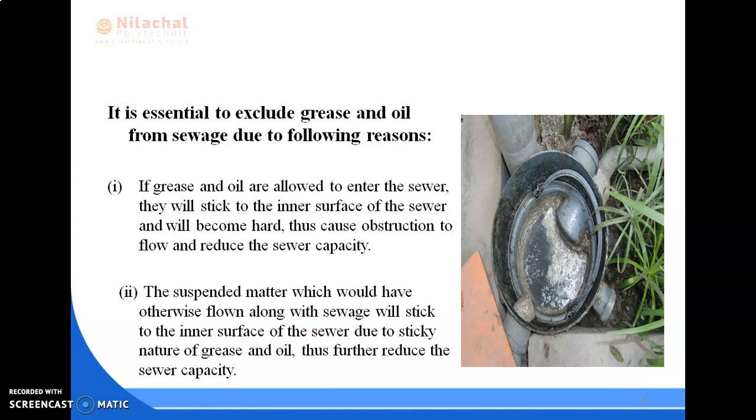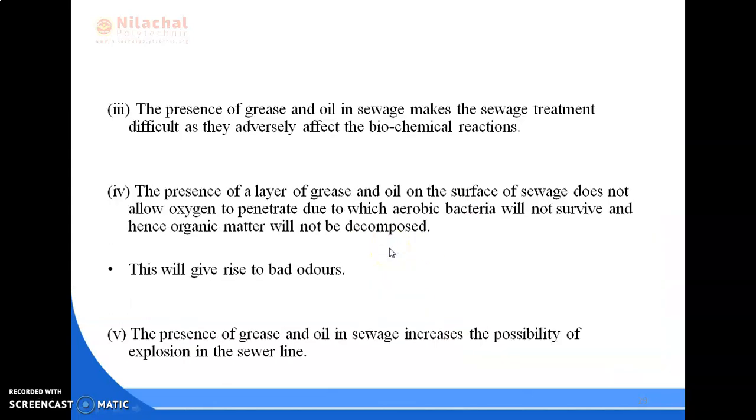The suspended matter which would have otherwise flowed along with sewage will stick to the inner surface of the sewer due to the sticky nature of the grease and oil, thus further reducing the sewer capacity. If they stick on the inner surface of the sewer, then the capacity of the sewer to flow the sewage reduces over time.